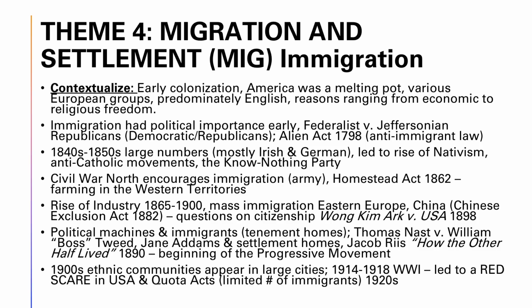So all of a sudden, by the 1920s, we get a series of quota acts limiting the number of immigrants percentage-wise, right? Trying to stall the amount of immigrants that can come here. And because, again, we don't go into the period 8 to talk about that, that's kind of where I'll keep it there. But again, you can see this nice little thing through history. This covers multiple periods as well, but utilizing this theme.